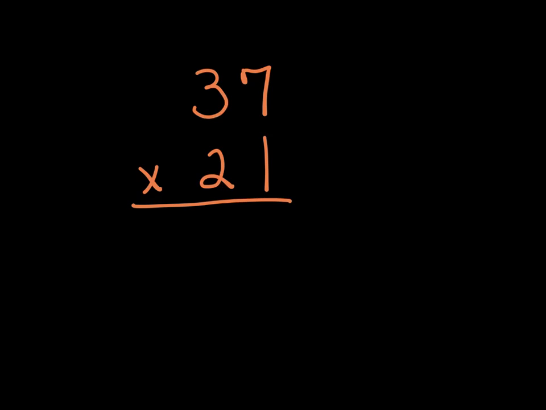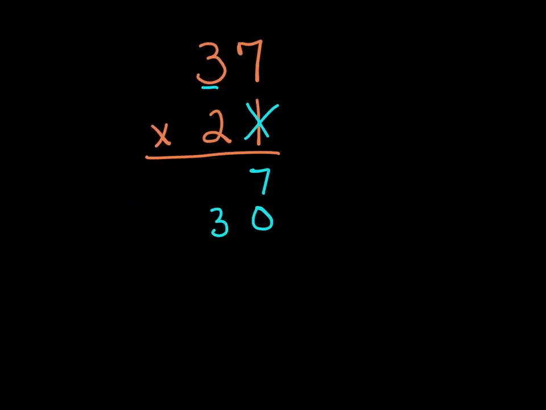37 times 21, and this one we're just going to solve using partial products. So 7 times 1, we have 7. Now we have 30 times 1 is 30. Okay, we're done using the ones. We're going to cross that out. So now we go to 20 times 7, and that becomes 14.